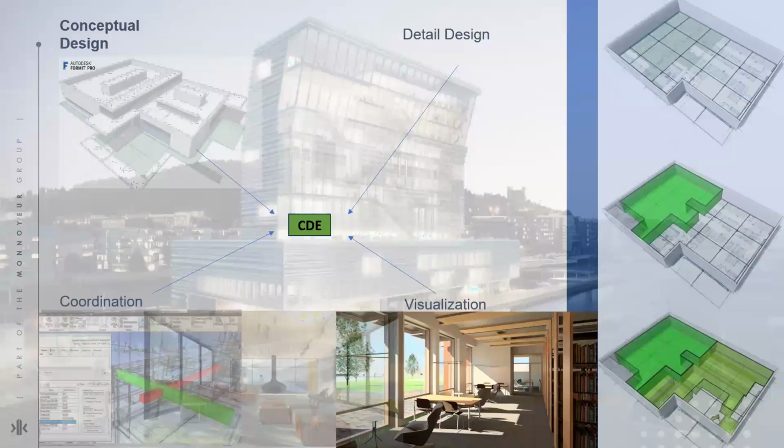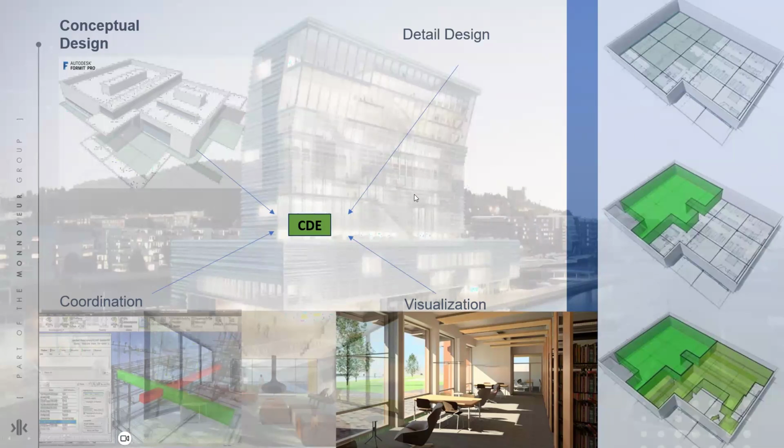As I said, we have a particular model for the conceptual design phase, detailed design phase, coordination, and visualization. They are all integrated within a common data environment, which acts for file storage purposes, eventually reduces your sizes, and lets you work simultaneously on the cloud directly.